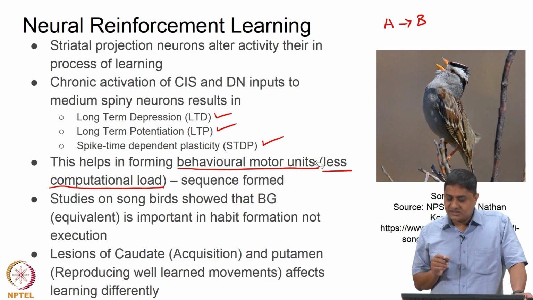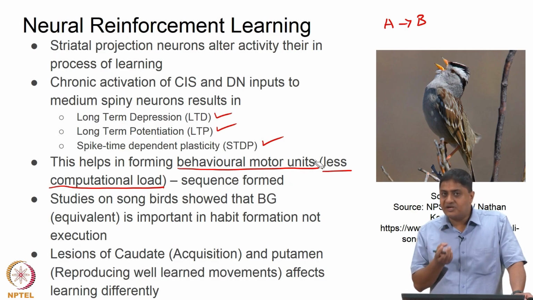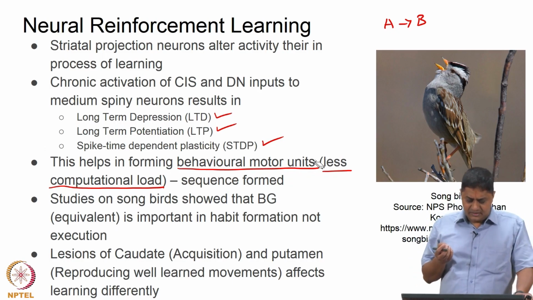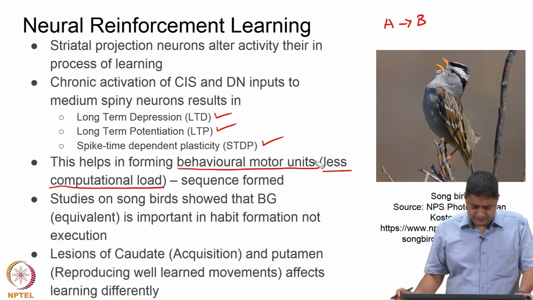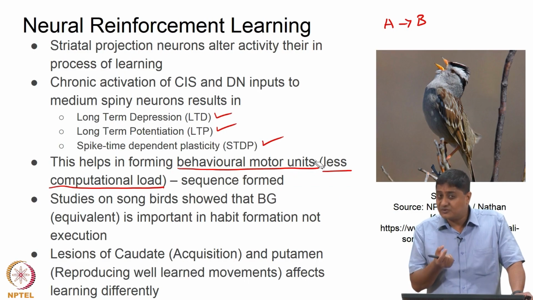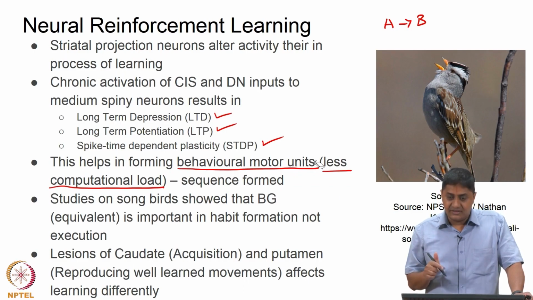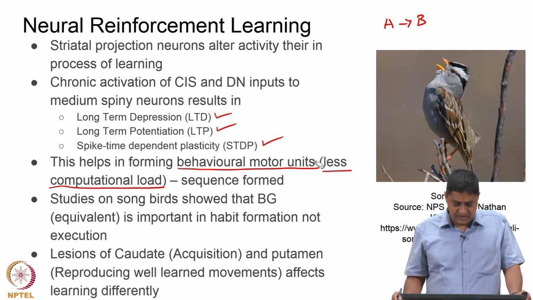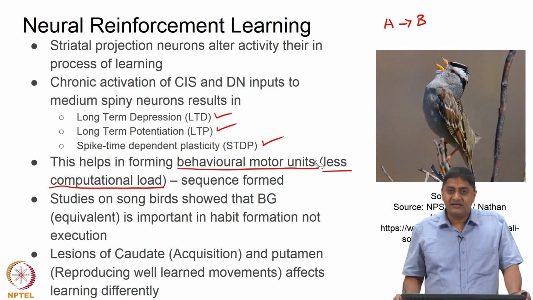So, that means this animal can learn only during that crucial period, and if during that crucial period BG is disabled, then studies on songbirds have shown that the basal ganglia is crucial in forming the habit, or in other words in learning the task.